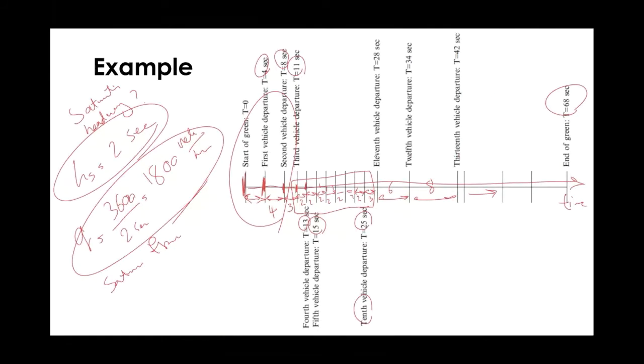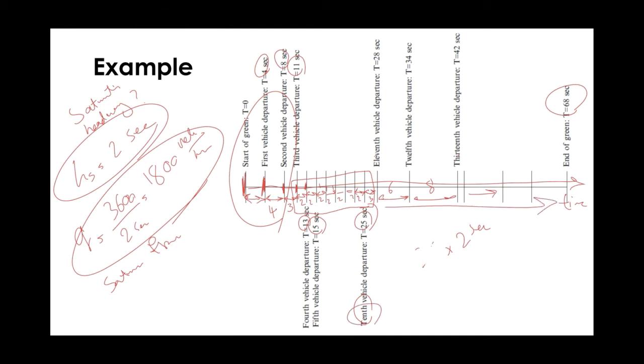How can I calculate the startup loss time here? We have the saturation headway of 2 seconds. If all the vehicles in the queue were able to move with that headway of 2 seconds, that would be, sorry, not 25, all these 10 vehicles, we have 10 vehicles in the queue.